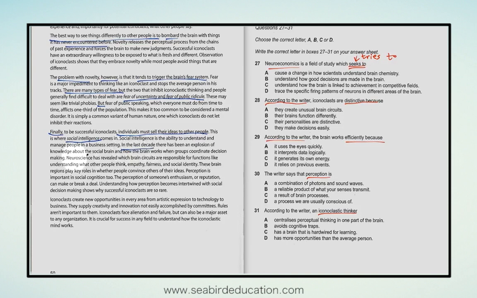In the past decade, has revealed. Present perfect, sometimes it is to reveal some information.